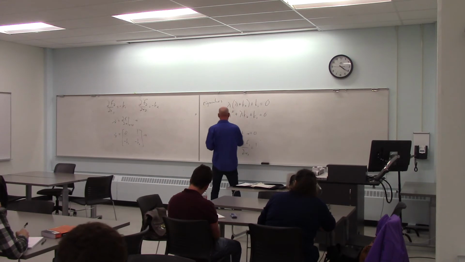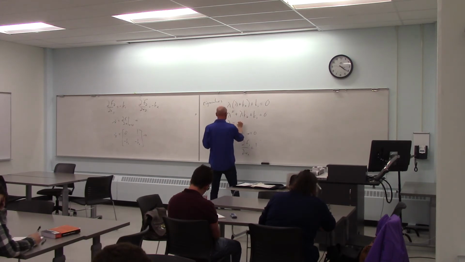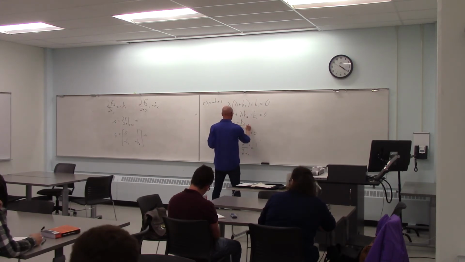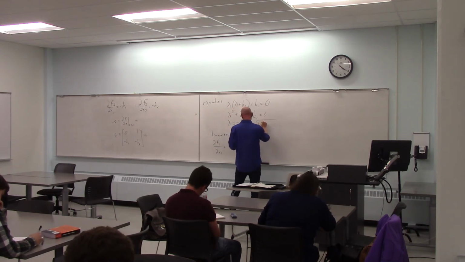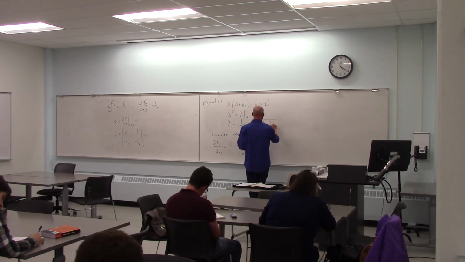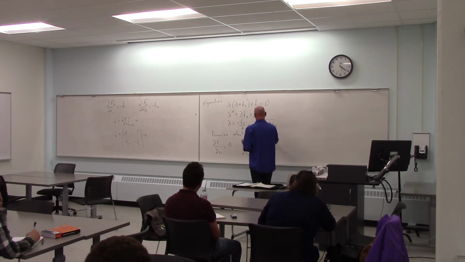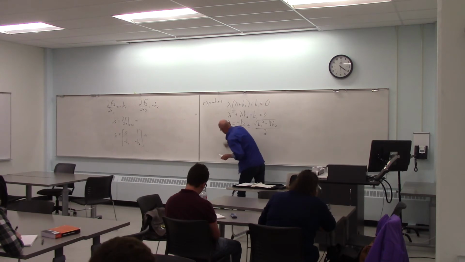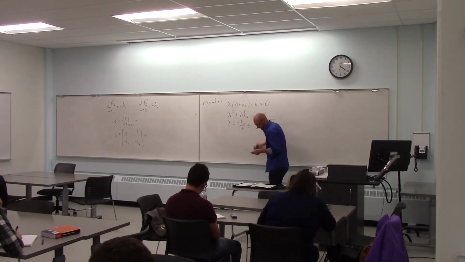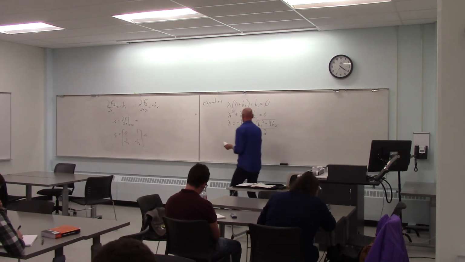So I end up with lambda equals negative k2 over 2 plus or minus square root of k2 squared minus 4k1, over 2. Hopefully you remember how to calculate eigenvalues and it doesn't look too strange.